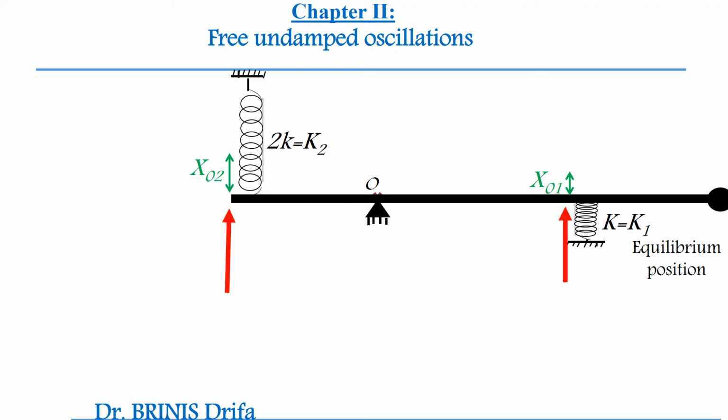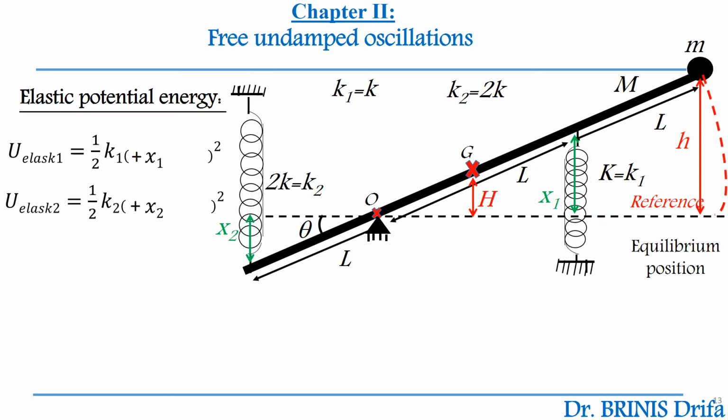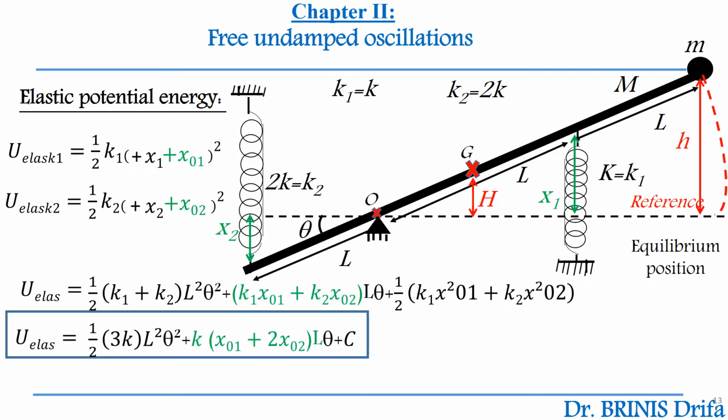In another scenario we can find x01 positive and x02 negative. Let them be positive, and you see that we add here x01 plus x02, and we develop and we get this expression with C equal to this expression.